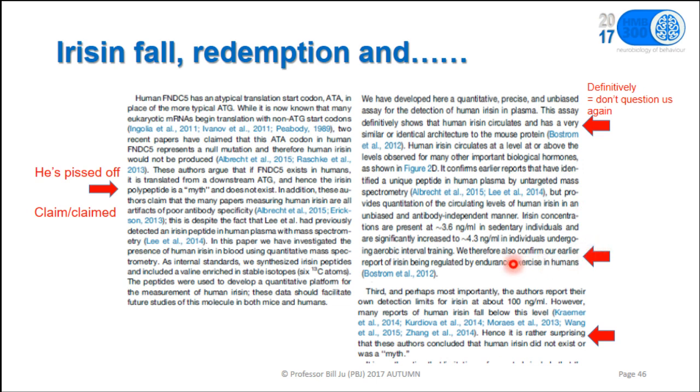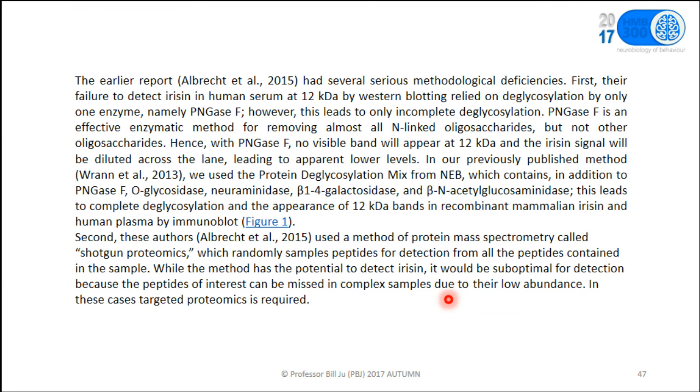And again, we also confirm our earlier report, so kind of going back to take a little dig at the different individuals. So this is how science kind of responds, right? So no one's been able to go back and refute Bruce Spiegelman since then. People kind of are thinking that irisin might be the actual molecule that improves mental health, your brain function, everything else after exercise.